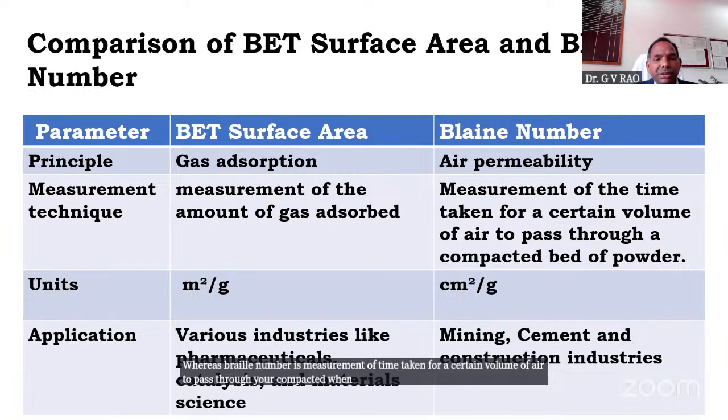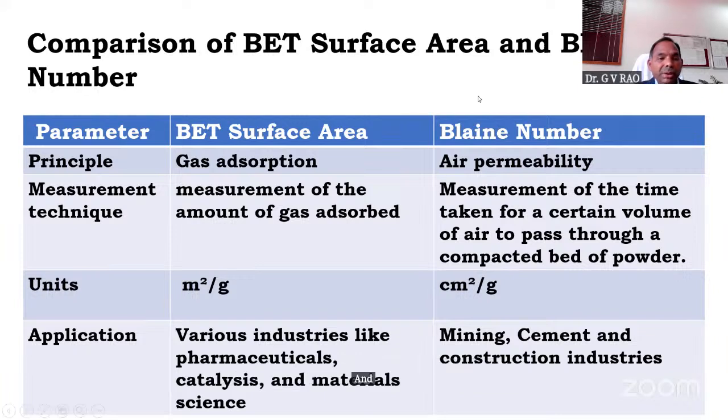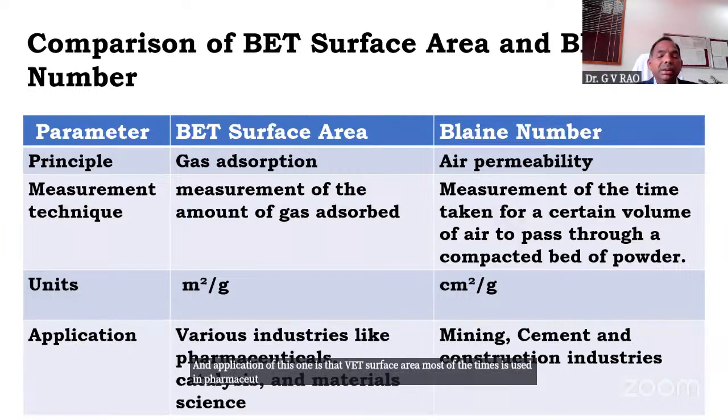Units for BET surface area are meter square per gram, whereas for Blaine number they are centimeter square per gram. BET surface area is mostly used in pharmaceuticals and the cement industry, whereas Blaine number is used in mining, the cement industry, and mineral processing.